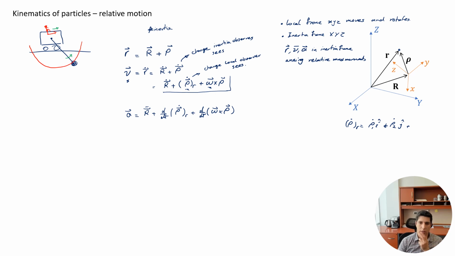plus rho dot 3 k. So the components rho 1, rho 2, rho 3, the time derivative of just those components.